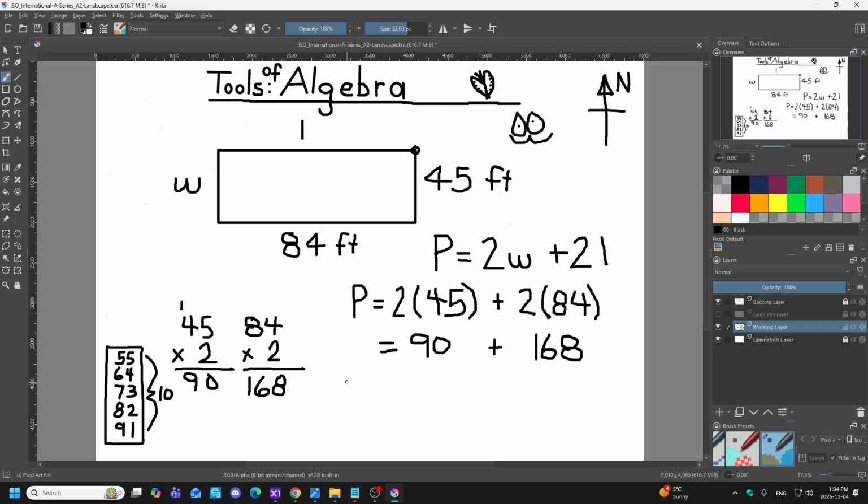We shall do it right here. Line up your ones place when you are adding. 8 plus 0, 8. 9 plus 6.